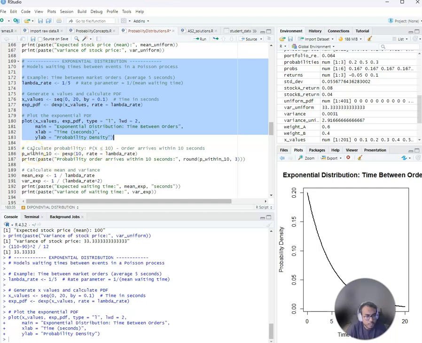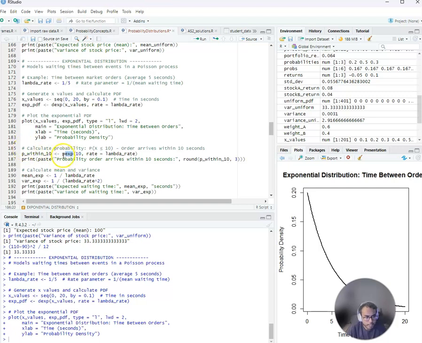So if I want to calculate the probability that an order arrives within 10 seconds, so basically I'm calculating the probability of x less than or equal to 10, and I use pexp. The p prefix stands for CDF, exp stands for exponential.